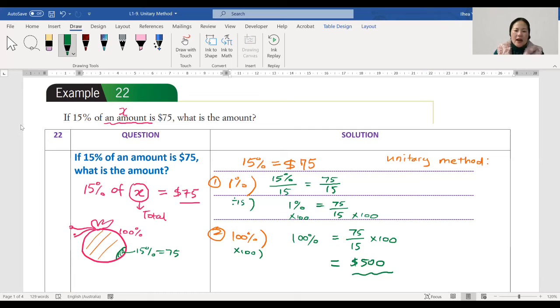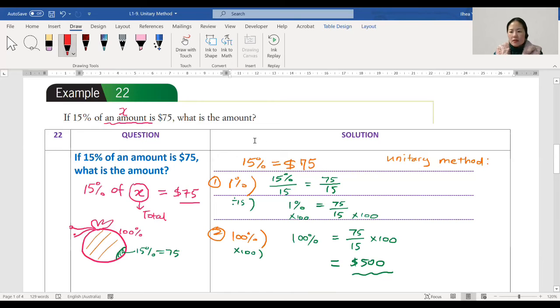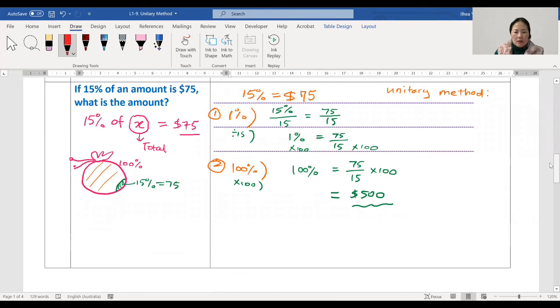That's what you got. Now, I would like to check whether I've done this correctly or not. So what I'm going to do now is check: is it really true that 15% of $500 is $75? I'm going to go 15 divided by 100, or 15 over 100, that's 15%.